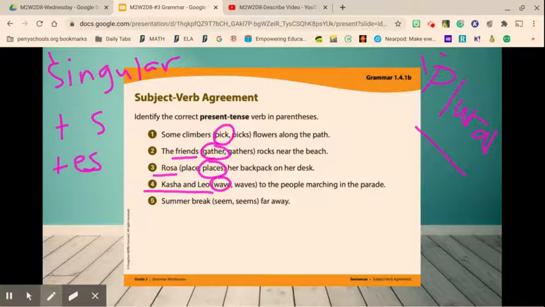Number 5, summer break. Summer break is my subject, and it is just talking about one summer break, so it is singular. And because I know that it's singular, I have to add an s to my verb. So I'm going to say summer break seems far away.